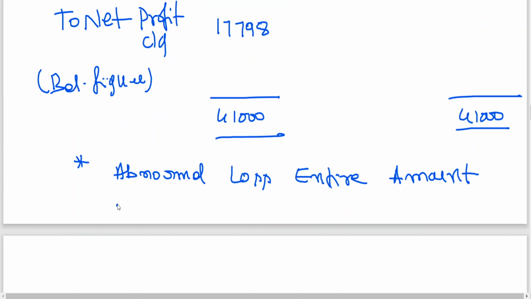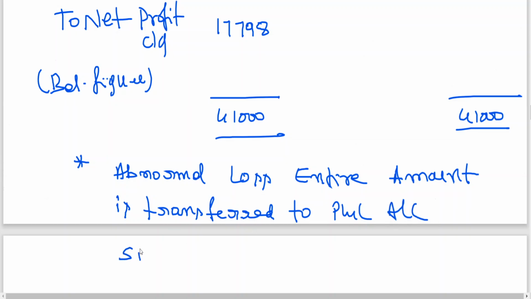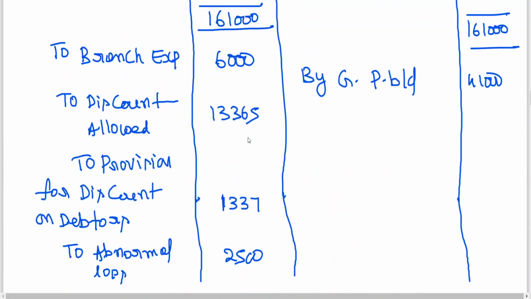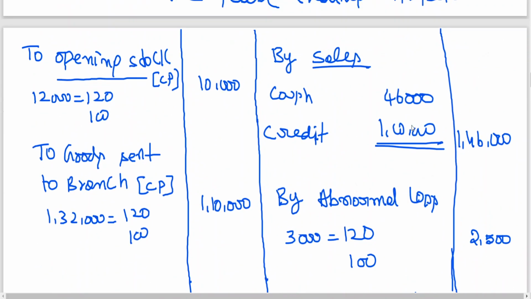Abnormal loss, the entire amount is transferred to the profit and loss account since the policy is not taken. And please remember, abnormal loss is transferred to the trading account or P&L account in this method at which price? Cost price. Clear to all of you?